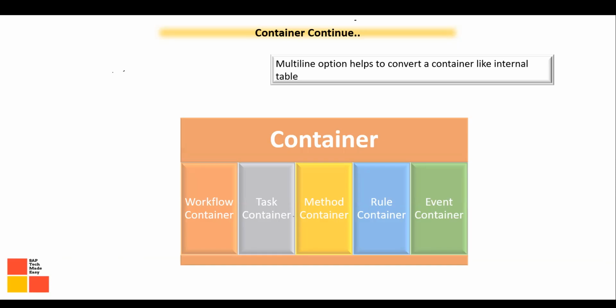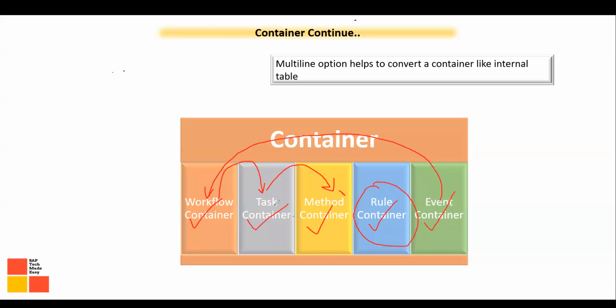Container is of different types. Here you can see that the first one is the workflow container, right? The second one is the task container. Third one is the method container. Fourth one is the rule container, and fifth one is the event container. So from event container to workflow container, from workflow container to task container to method container, from method container, yeah, this we will discuss later.